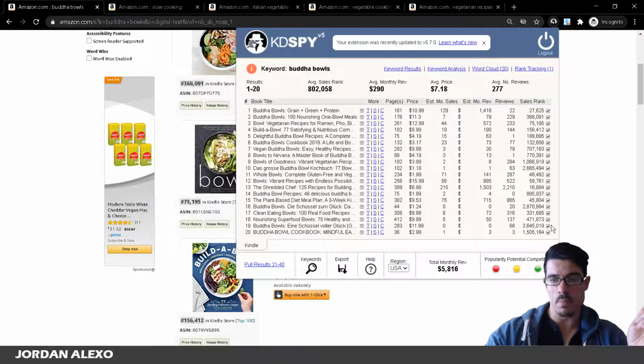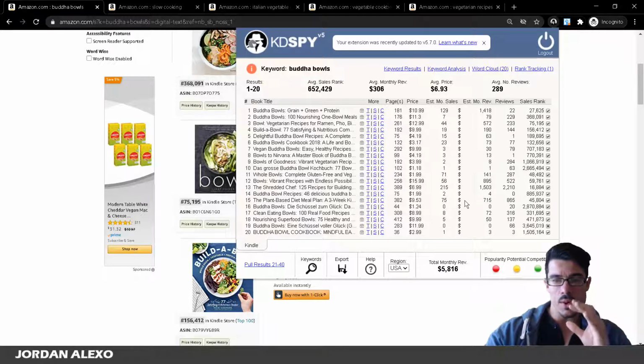If you see a book that is not related, and in this case all of them seem to be kind of related, you want to click on the square over here to remove this book from the average sales rank. Otherwise you will get an average sales rank that is not really explaining the amount of sales happening in this list.